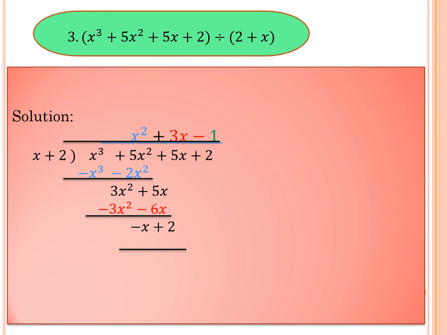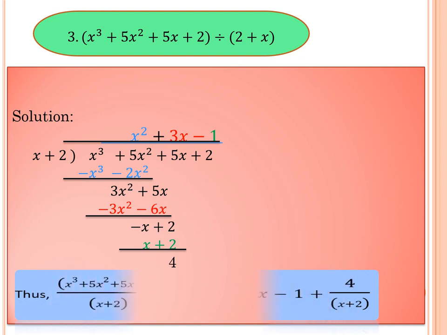So, we will have negative 1 times x is negative x. Tapos, negative 1 times 2 will give us negative 2. But since that is a subtrahend, so i-change natin yan from negative magiging positive. That's why we'll have x plus 2. And adding this one, we will have 4. Okay? So, for our final answer, we have this one.